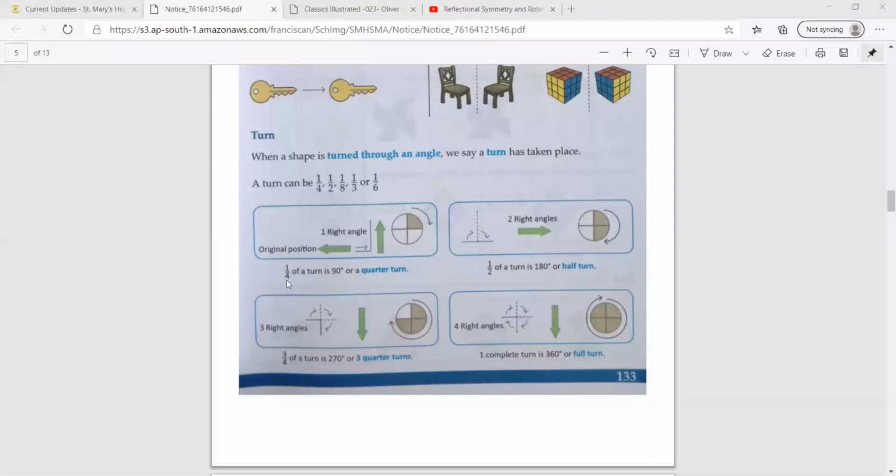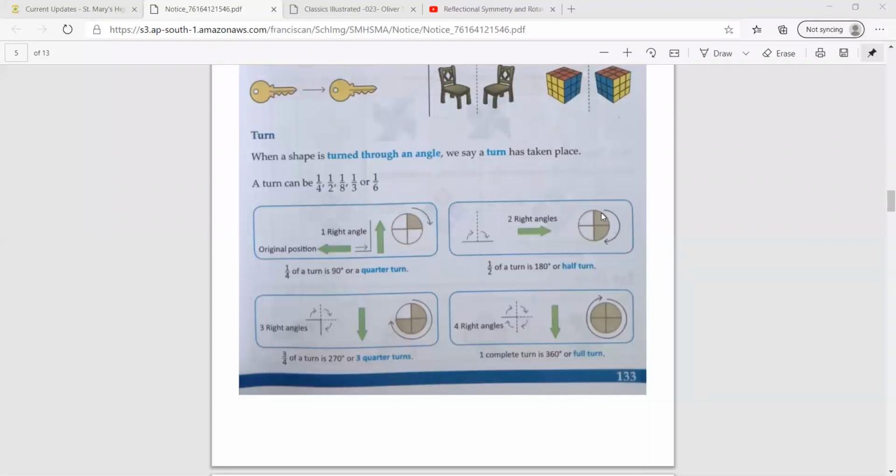1/4 is called quarter. So 1/4 of a turn means if we are turning it 90 degrees, say this point, if it is reaching here, then it is called a quarter turn. But if we are making 2 quarter turns, one quarter is from here to here, another quarter is from here to here.